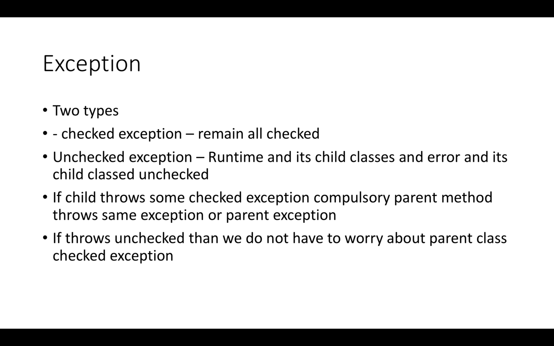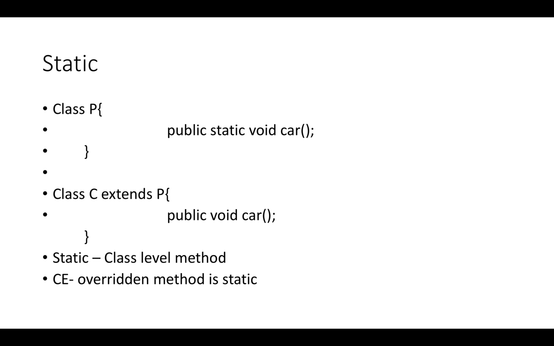If the child method throws an unchecked exception, we don't have to worry about the parent class, it's simply legal. So you just have to get a clear idea about the exception. If the child method throws a checked exception, then the parent method should throw the same exception or its parent. If the child method throws an unchecked one, we don't have to worry about it.